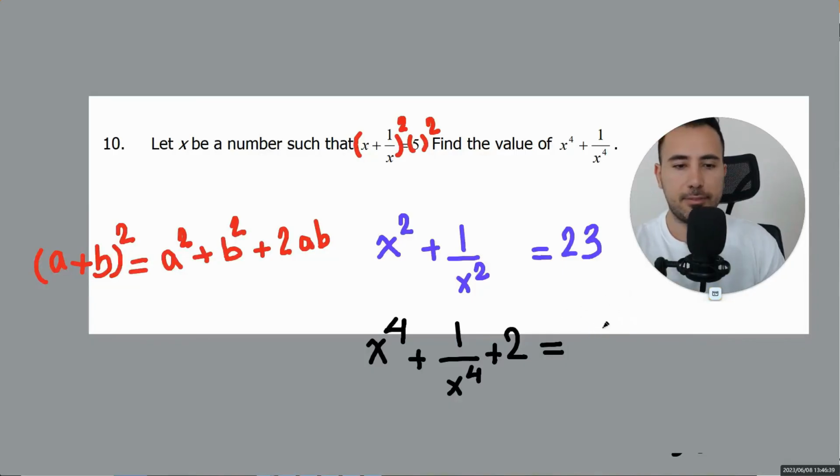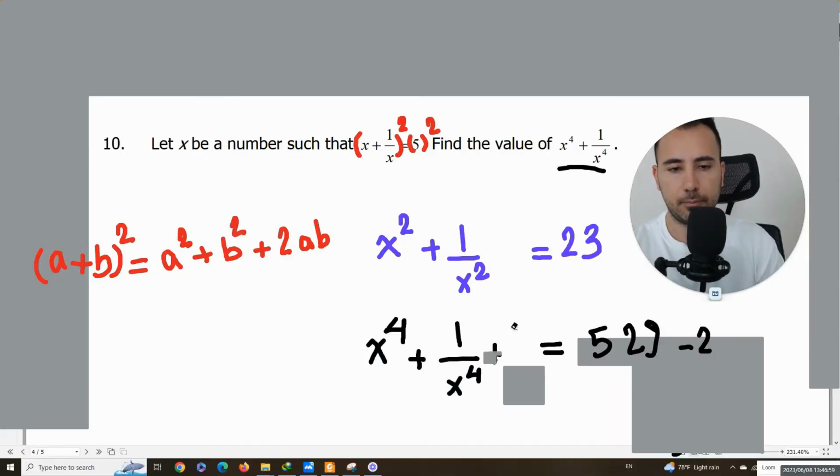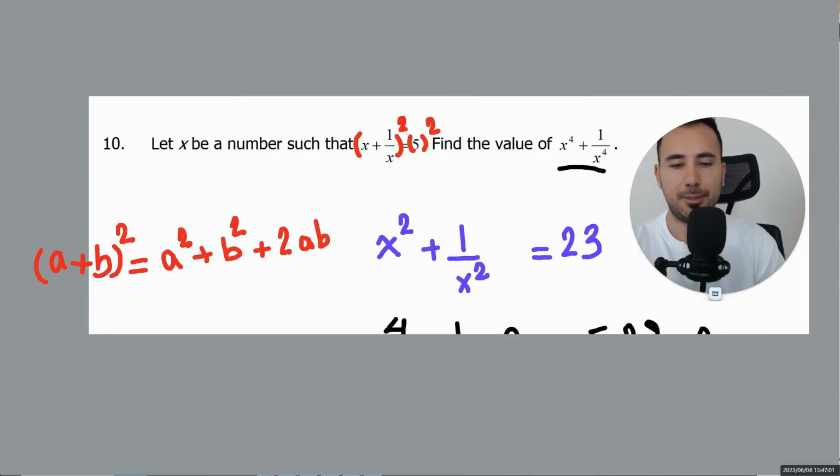So if this is 529, but we want this value, so 2 will go to the other side, or both sides minus 2. So these two will be canceled. Oops. So you get the idea.